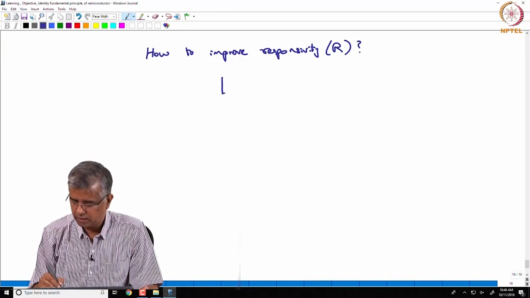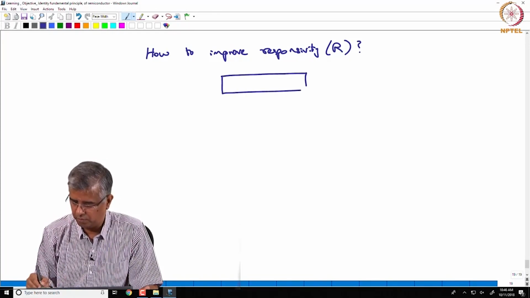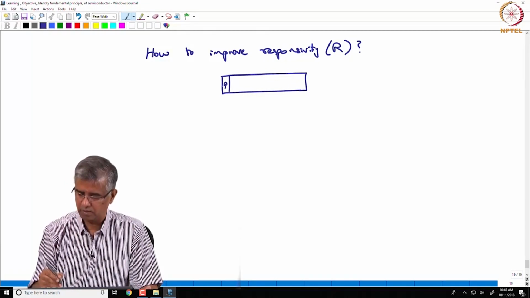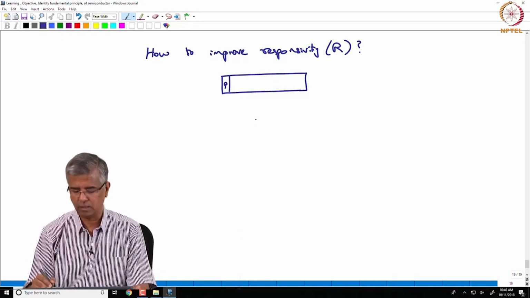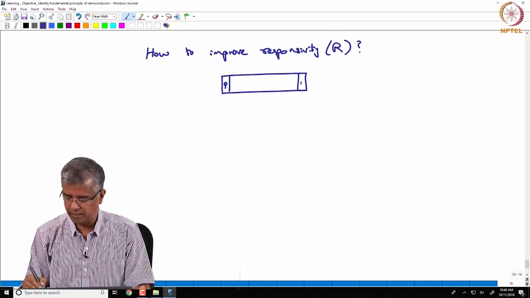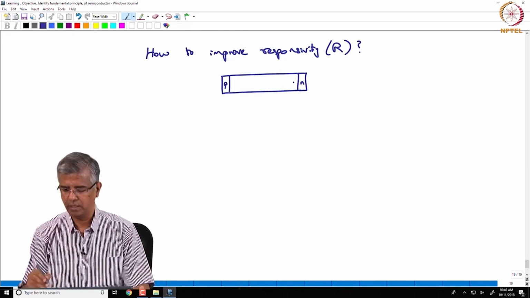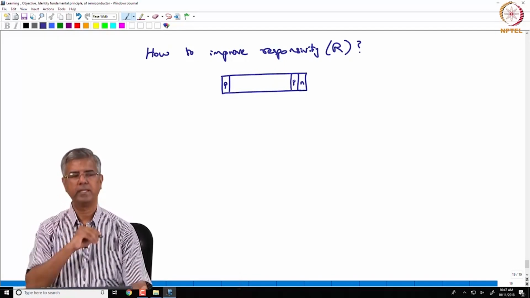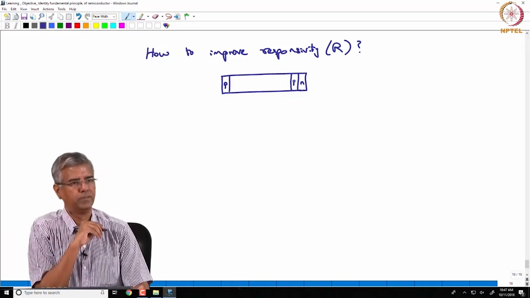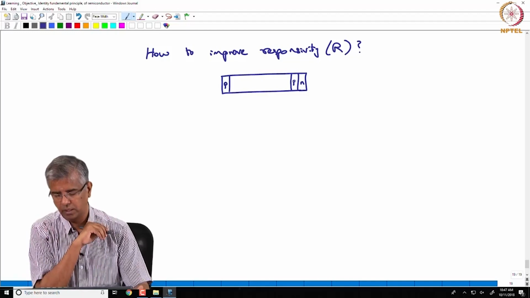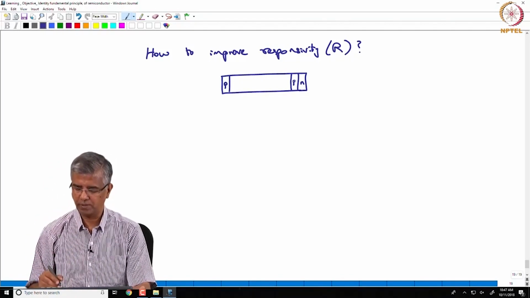Okay. So that is actually done by a very clever manipulation of these layers. So you typically have a P and a N layer, right? Now what if you have another thin layer of P right next to the N layer? So what happens if you have something like this?